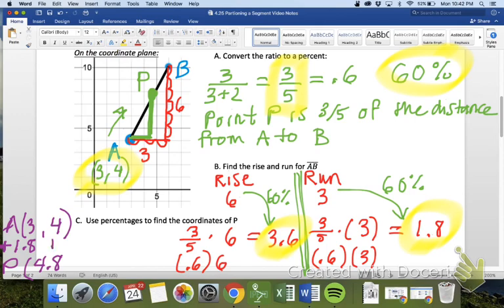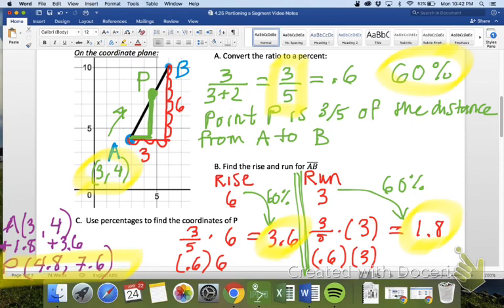So that would be 3.6. And then I would get a y value of 7.6. So then we get this final answer: point P is the point 4.8, 7.6.